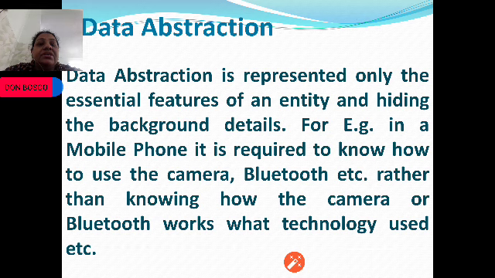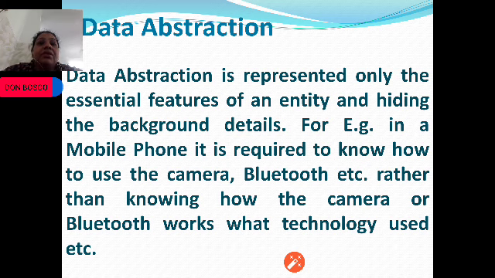So we are not interested in how the camera works, but only in knowing how to use the camera. We are not interested in the technology used behind the working of the camera. Similarly, we are interested only in using Bluetooth, not the technology behind it.